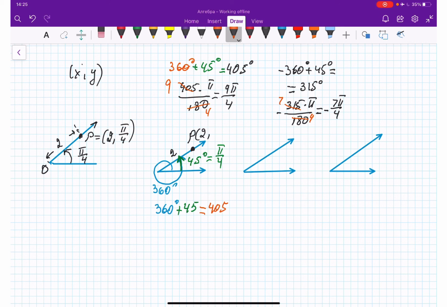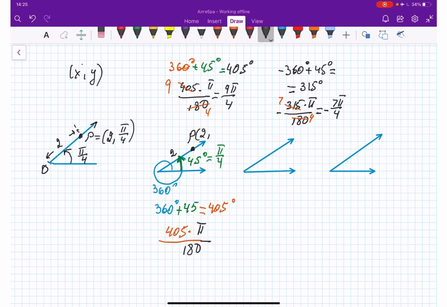Let's convert into radians: 405 times pi divided by 180. I practically didn't disturb anything, since pi is on the top and 180 at the bottom, so we multiply and divide by the same value.